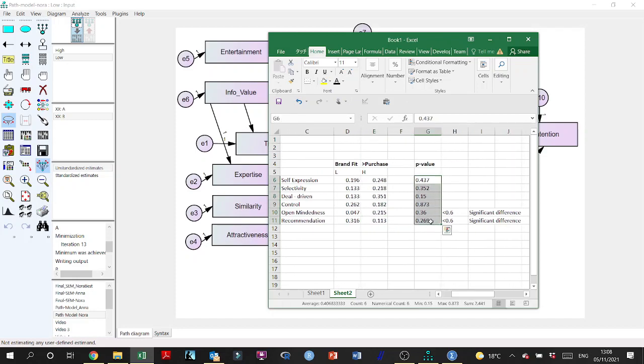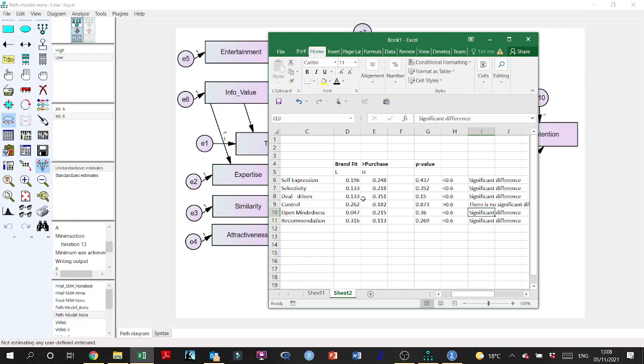Now that we have all this done, let's take a look and interpret our results with the p-value. Always take the p-value. So all these p-values here, this is below 0.6, this is below 0.6, this is below 0.6. Unfortunately, this relationship is greater than 0.6, and this means that there is no significant difference.